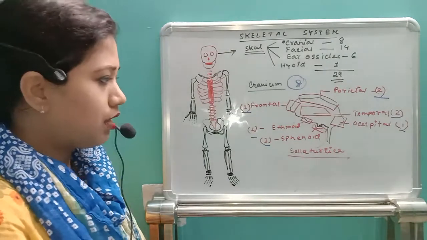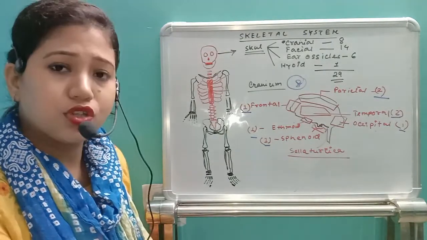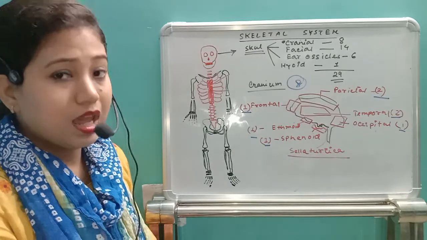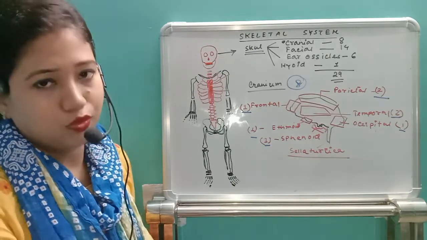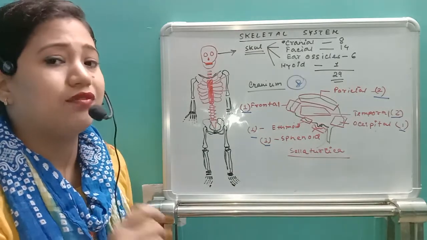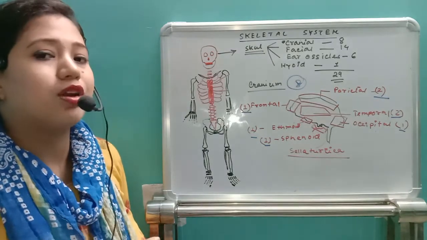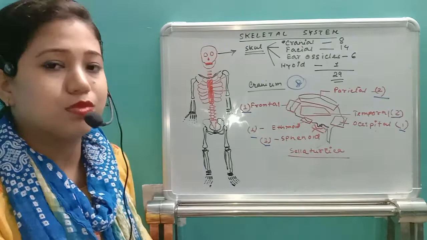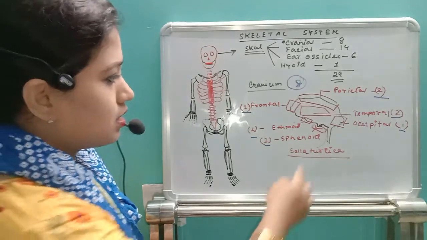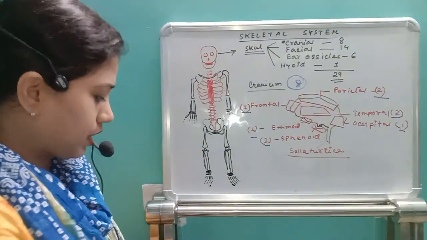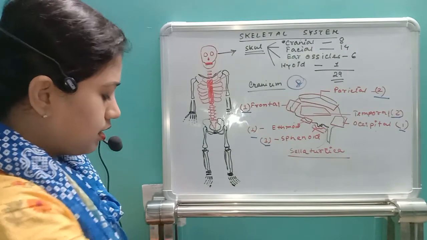Remember this. Now the next thing, which is very important to know about the skull, is also the occipital bone. In the occipital bone we have the largest hole. Remember, the largest hole of our body is developed in the occipital bone. The occipital bone looks like this.